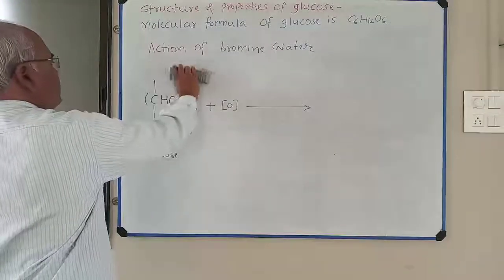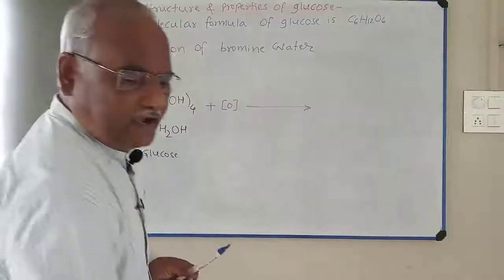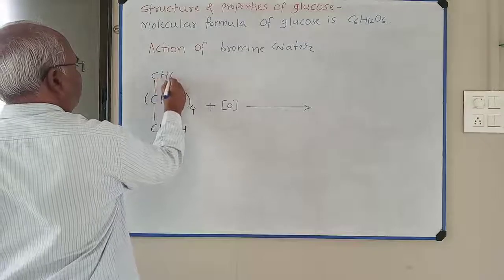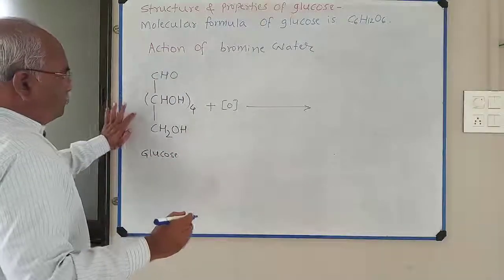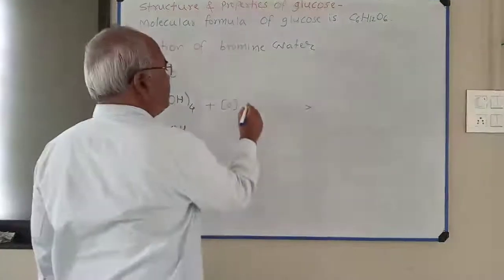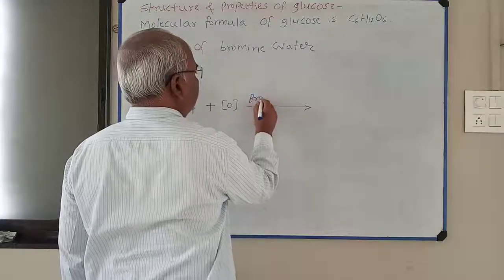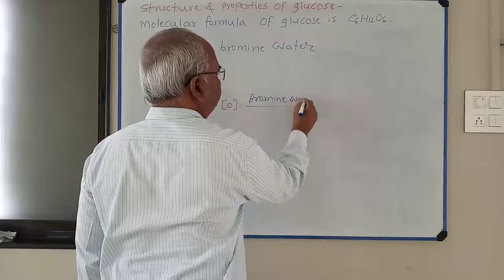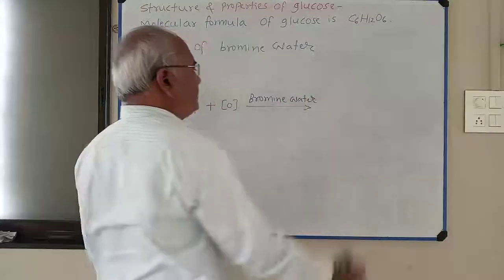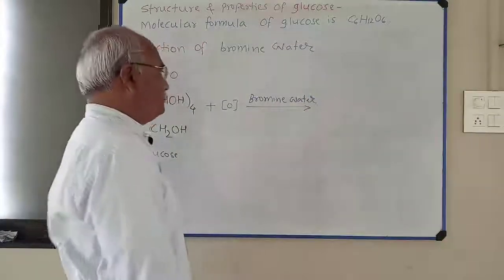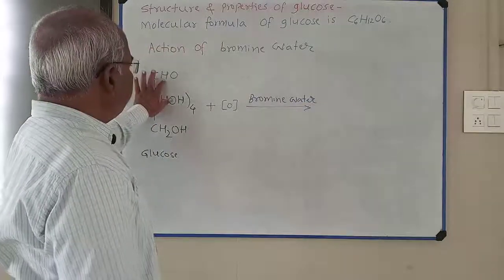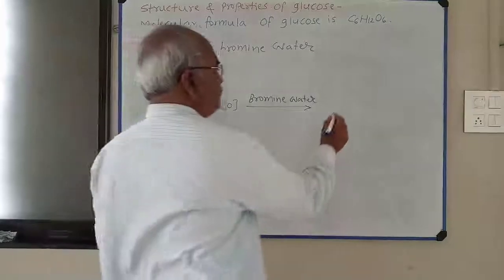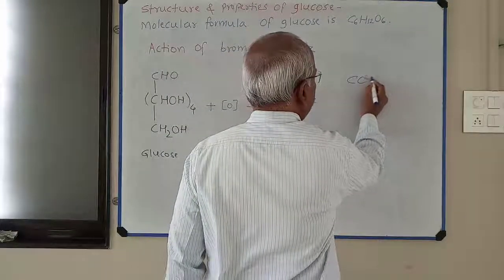This group I write like this, CHO. So glucose when treated with bromine water undergoes oxidation. CHO group is converted to COOH group.